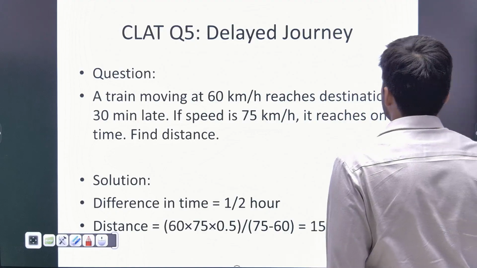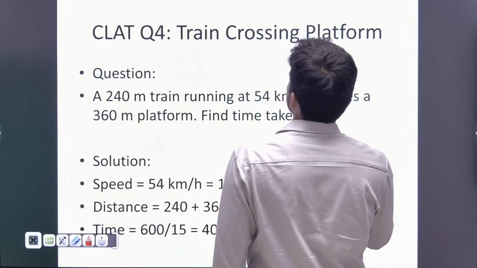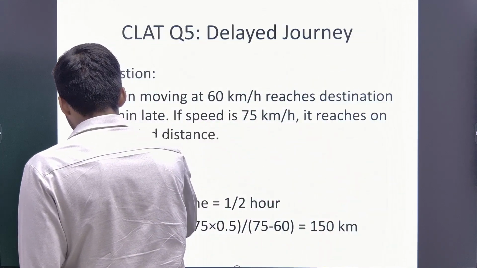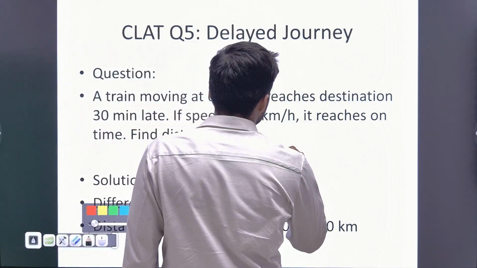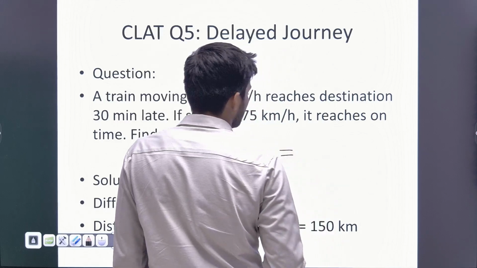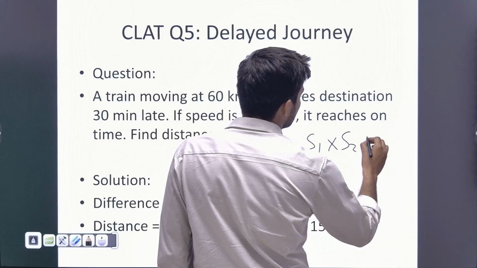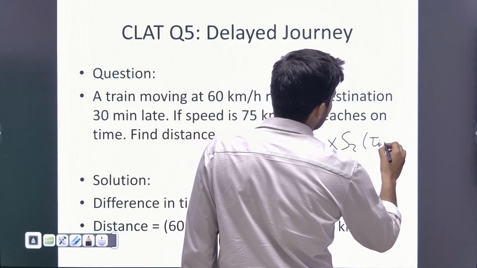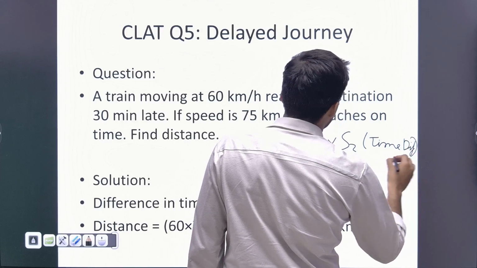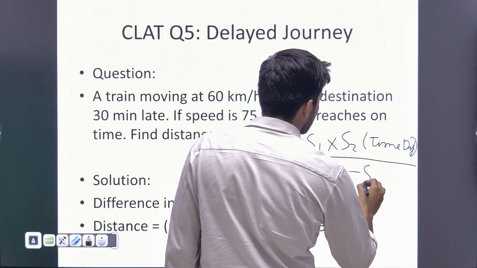So there is this formula to calculate the distance, which is S1 into S2 into time difference divided by S2 minus S1.